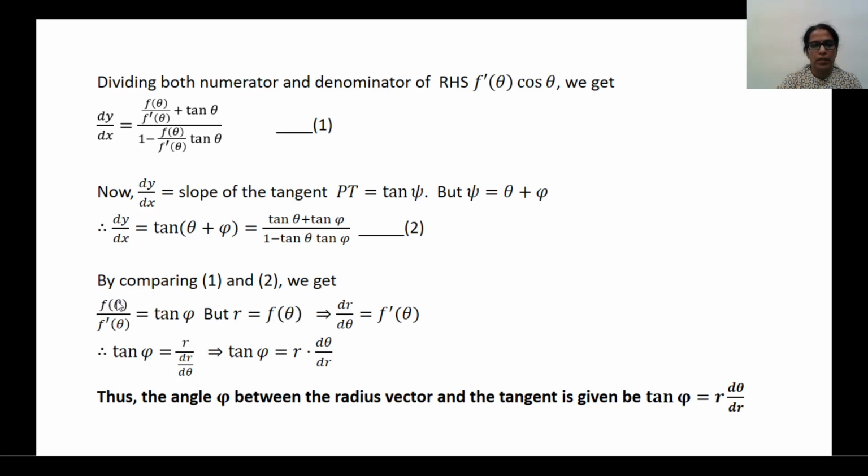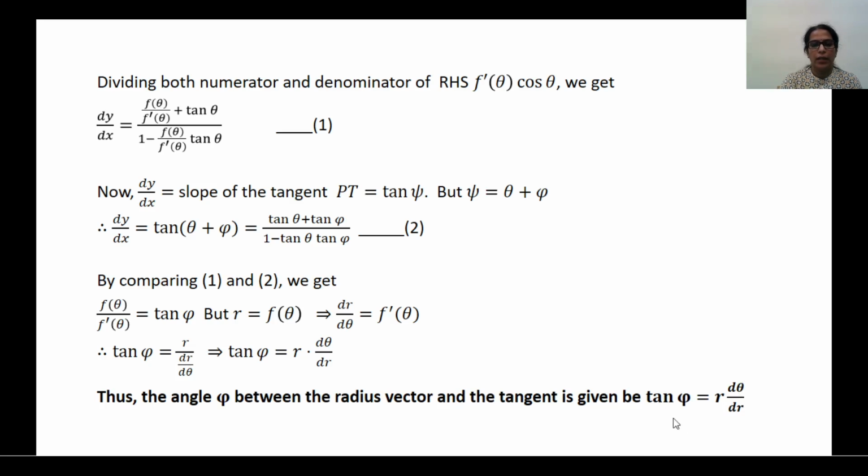Now replace f of theta by r and f dash of theta by dr by d theta. If you take this to the numerator, you will get tan phi equal to r into d theta by dr. So thus the angle phi between the radius vector and the tangent is given by tan phi equal to r into d theta by dr.